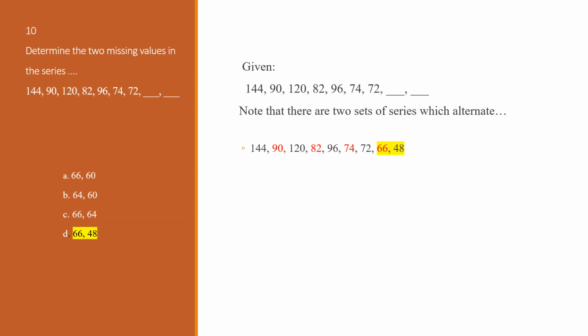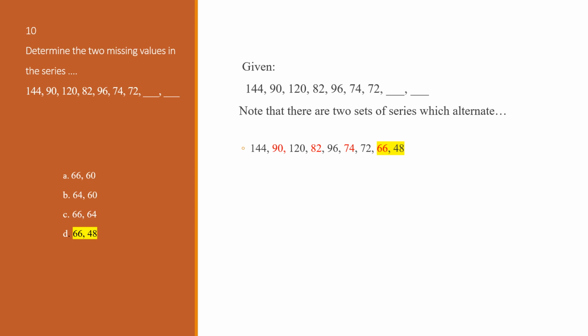And for the last item for this practice set, we are asked to determine the 2 missing values in the series. And in here, we will have to be very quick with our visual understanding or analysis of the given series. And then we realize that this will be a set of 2 series which alternate. 144 jumps to 120, that's a minus 24 to 96, minus 24, minus 24 to 72, and 48.